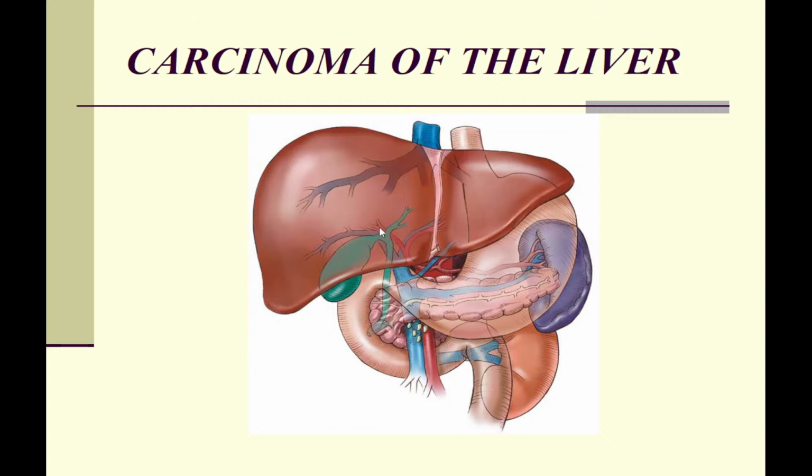And the same for the vena porta, which divides into left and right vessels of the vena porta, and the common bile duct arising from the left and right bile ducts.